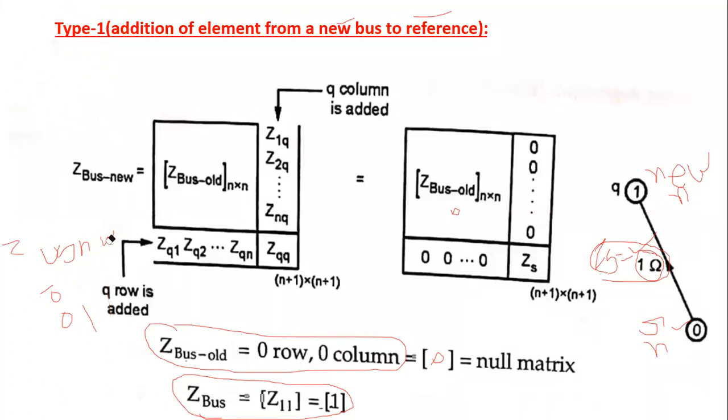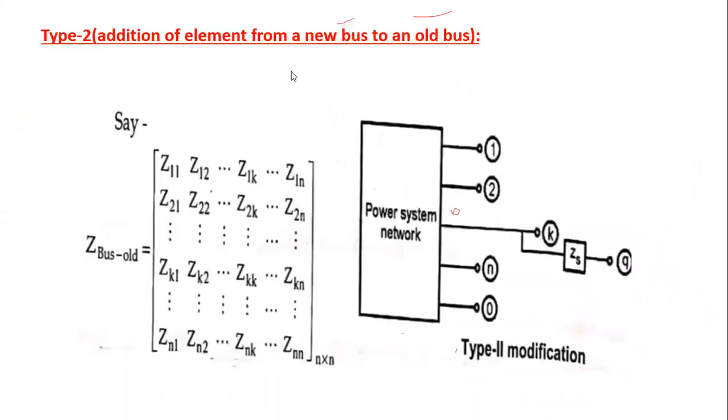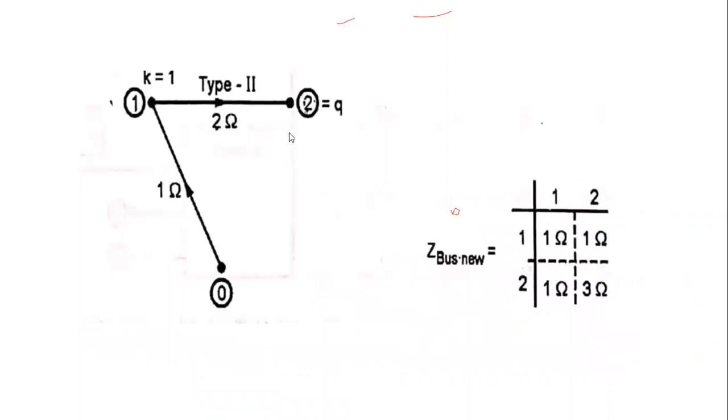Next, we are adding another element, that is 2 ohms.